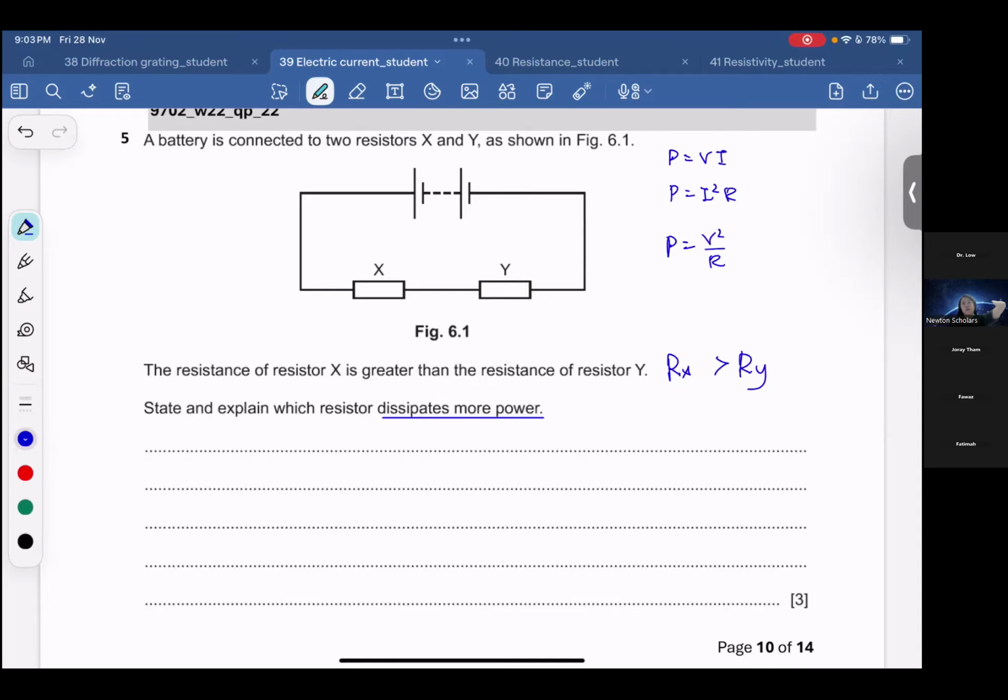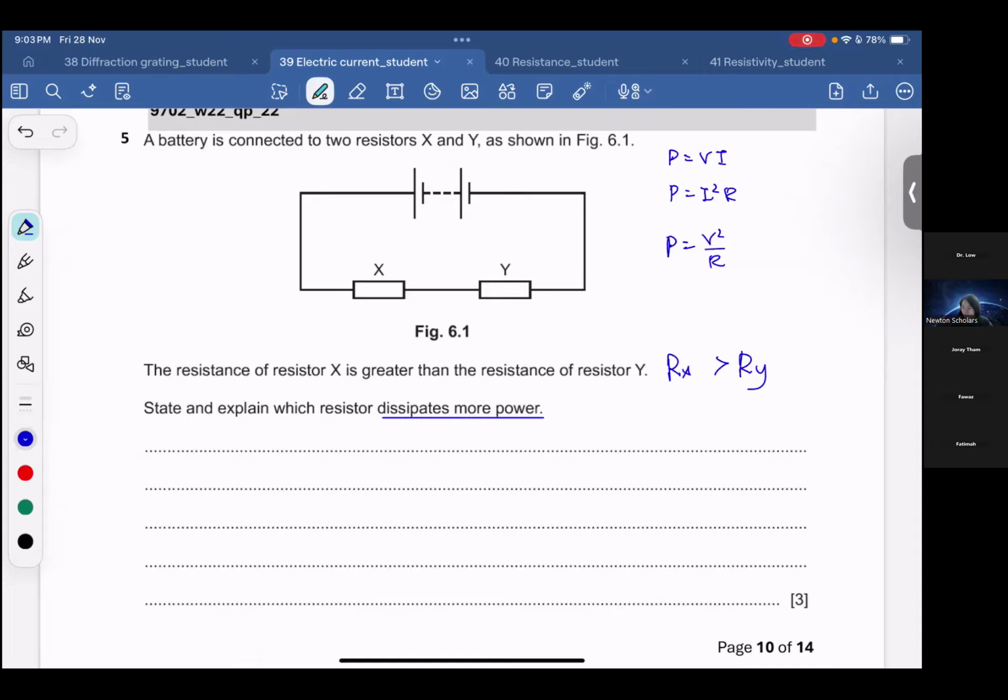Yes, correct. So can you tell me which resistor will dissipate more power? So what formula are you going to use to do the comparison for the power?